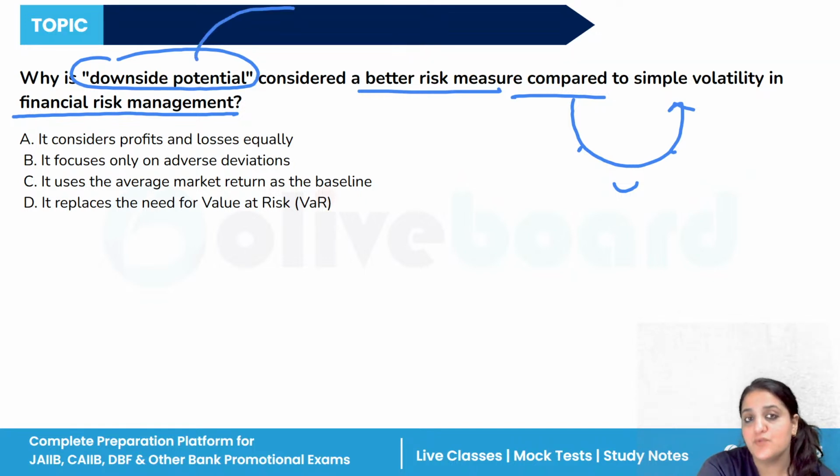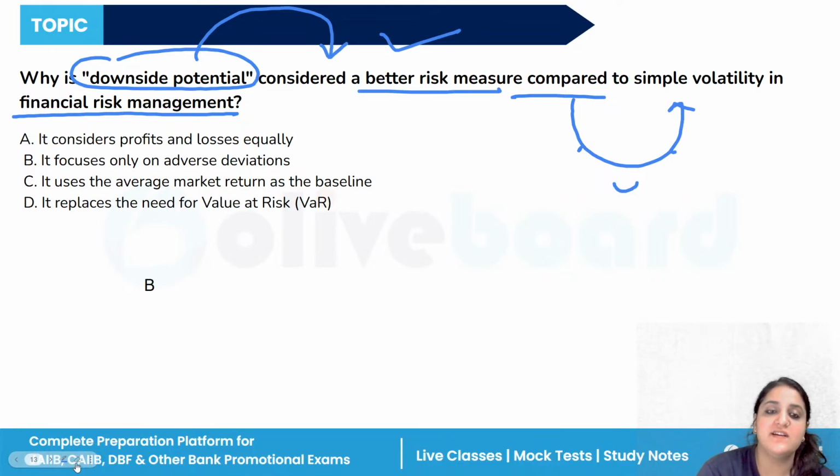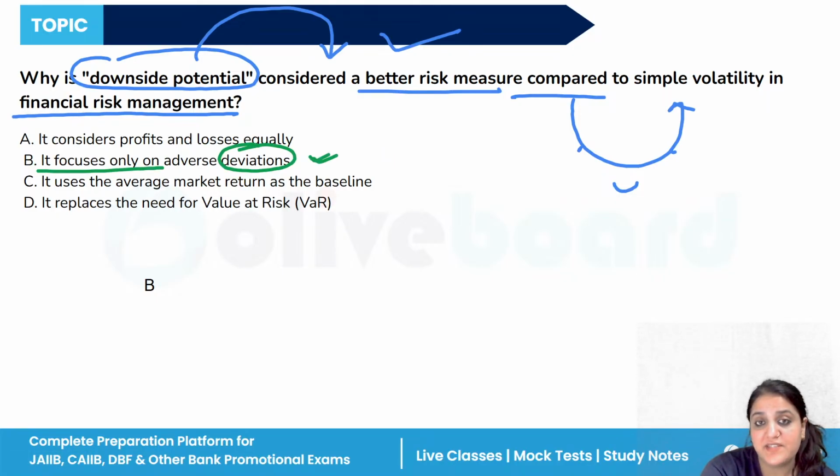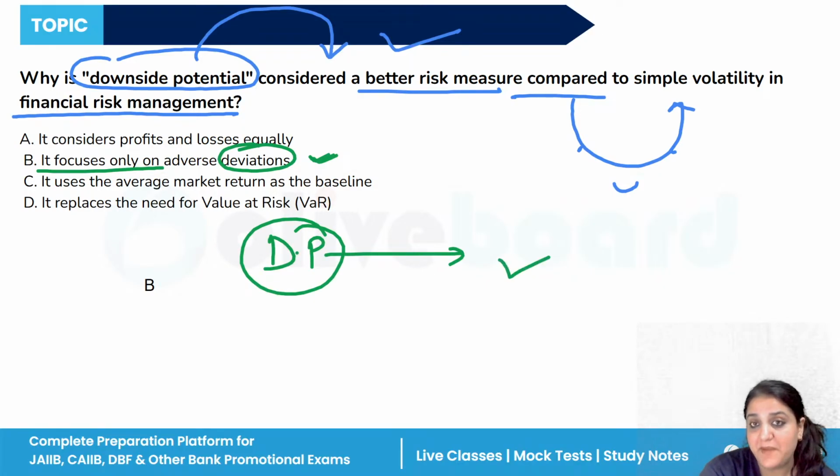Because it focuses only on the adverse deviations, only on the adverse deviation. That's why downside potential is considered a better risk measure compared to simple volatility in financial risk management.